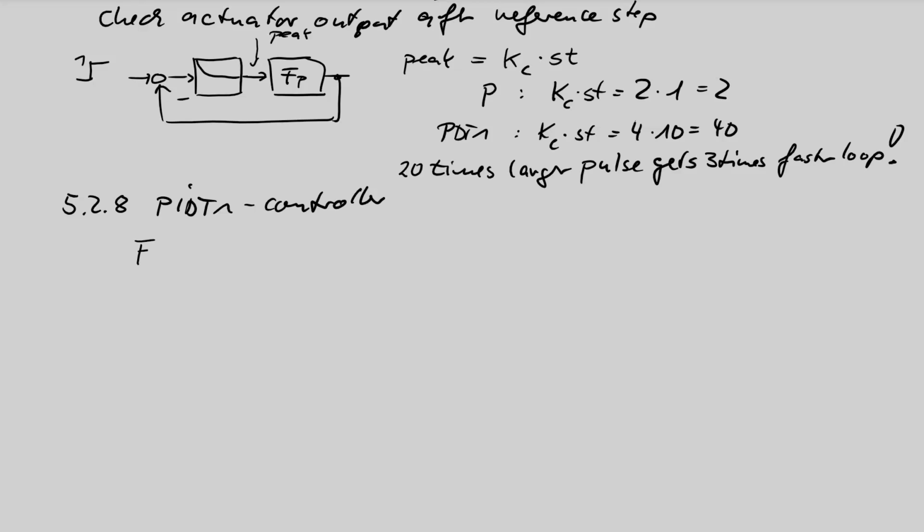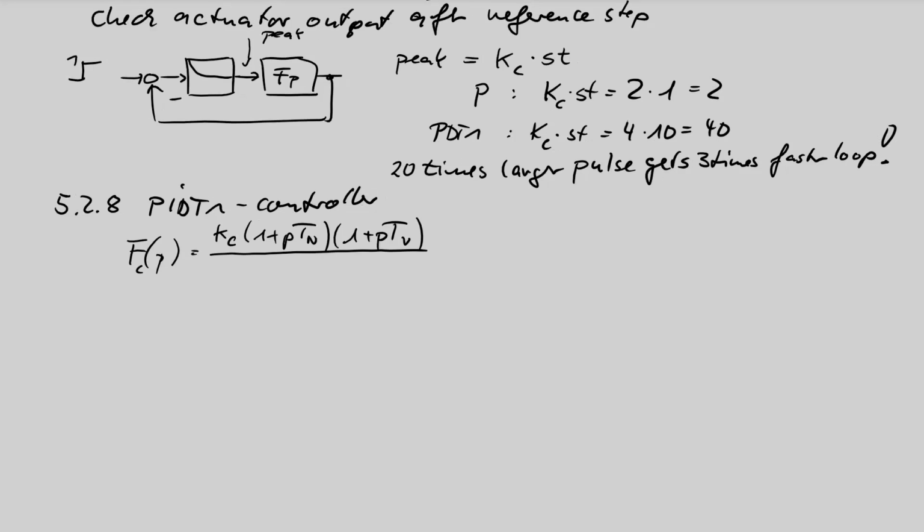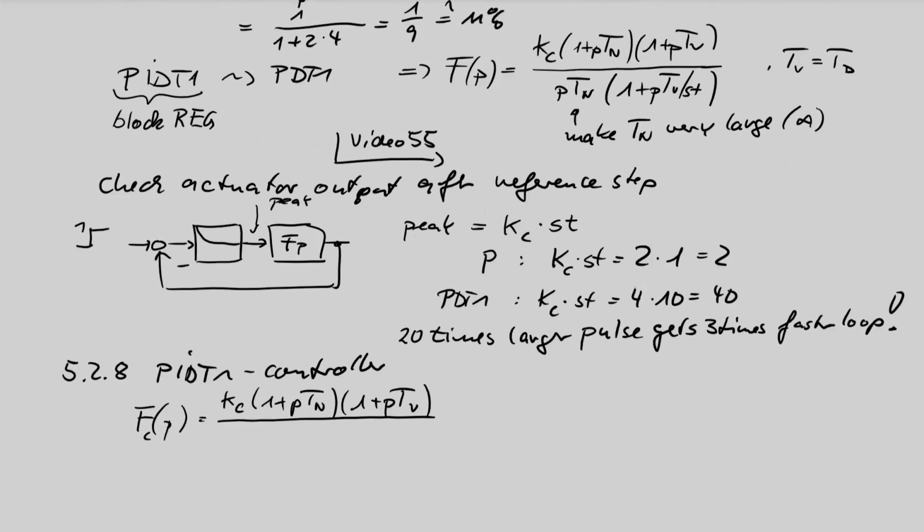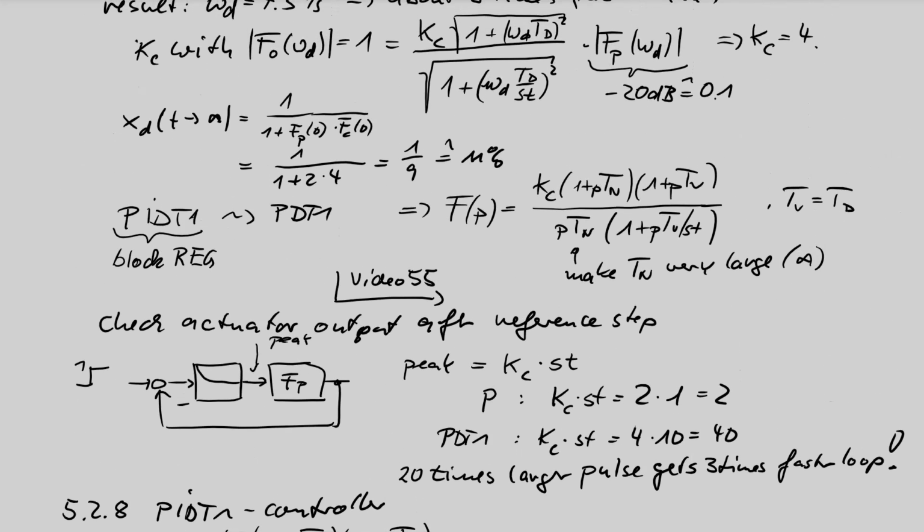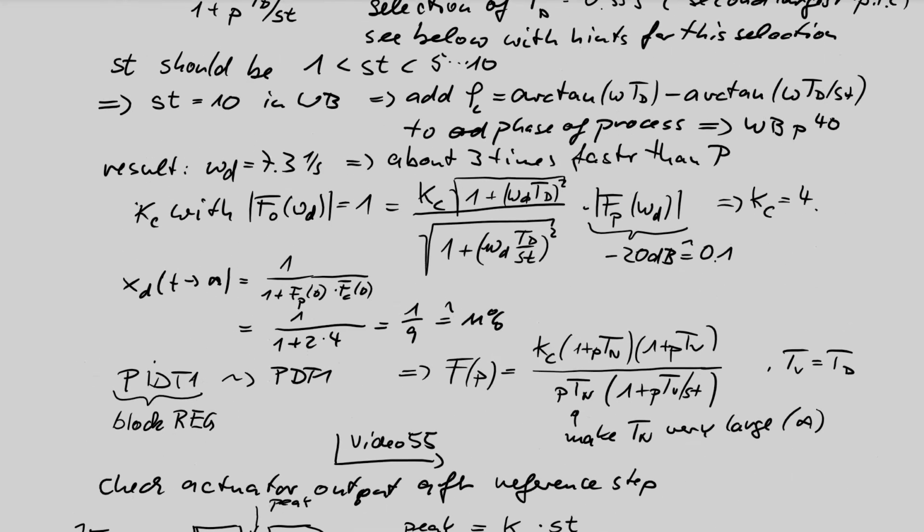The Bode plot transfer function of the controller FC contains 4 unknowns for 3 parameters. Here the second numerator time constant in the Bode form is called TV. Note that is the same place as we have called this parameter in the PD case TD, but TD and TV in PID are different.